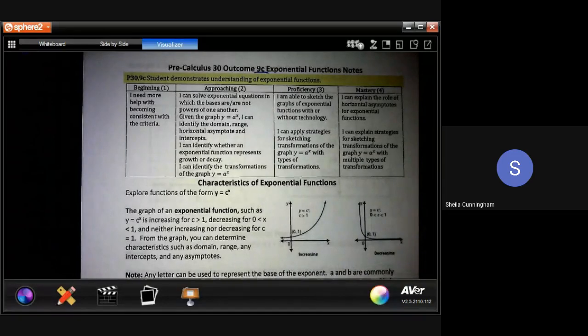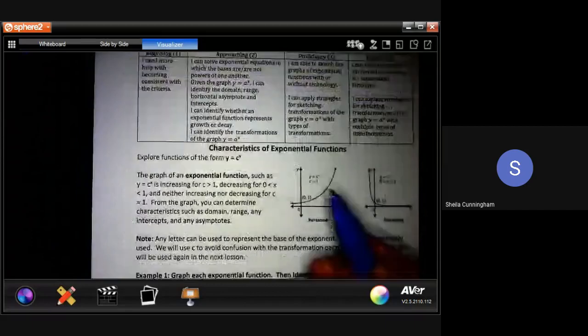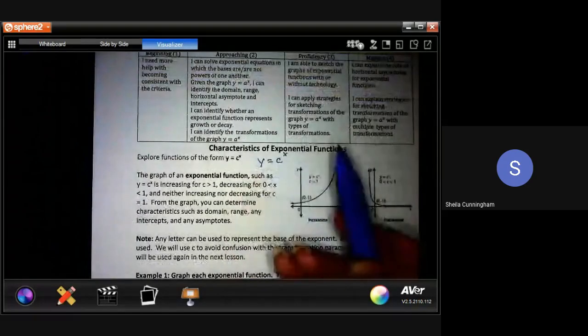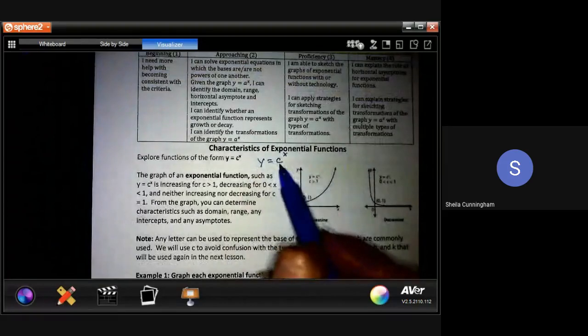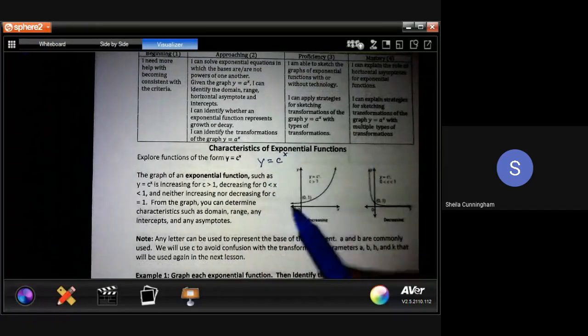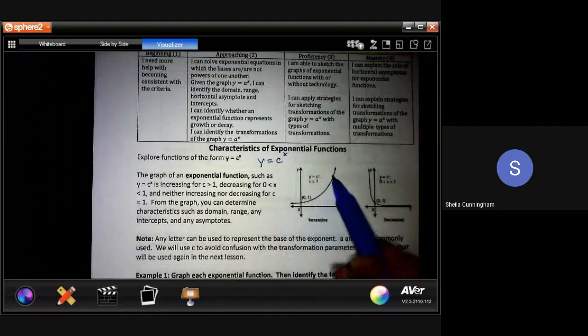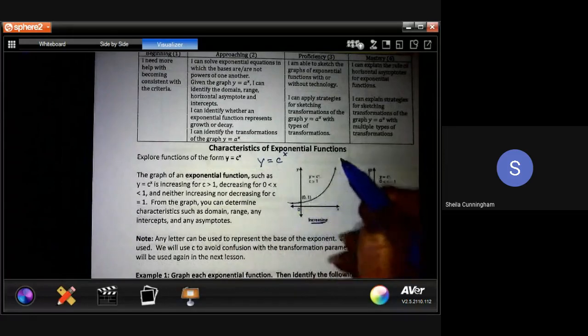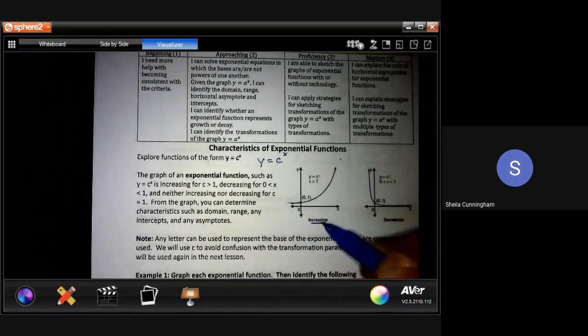So an exponential function is usually denoted as y = c^x, okay? Where this c is just your base value. It can be any number, but that number will determine whether we have a graph that looks like this, which in this case is what we consider an increasing graph. As you read it from left to right, it's going up, that's an increasing graph, or what we call growth.